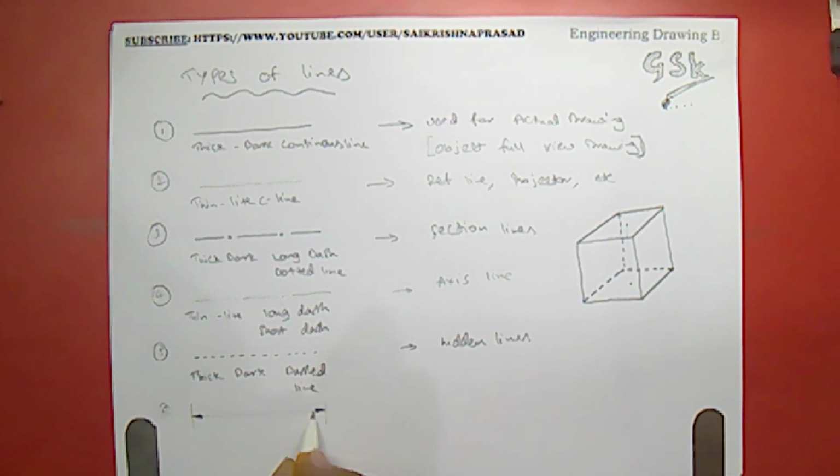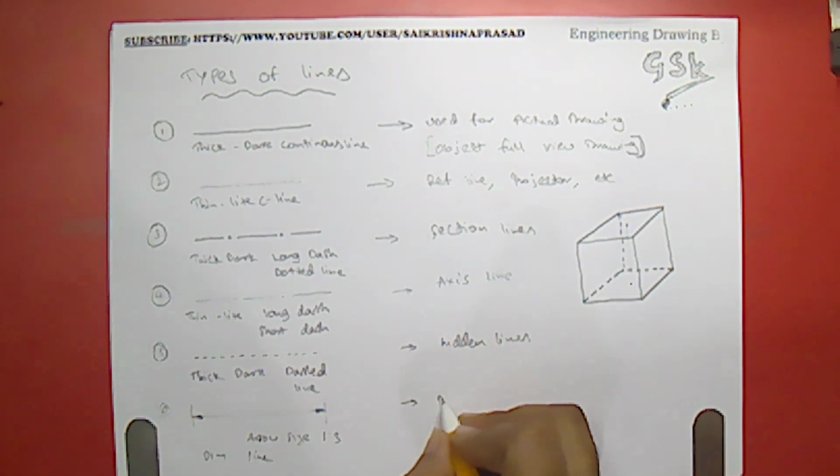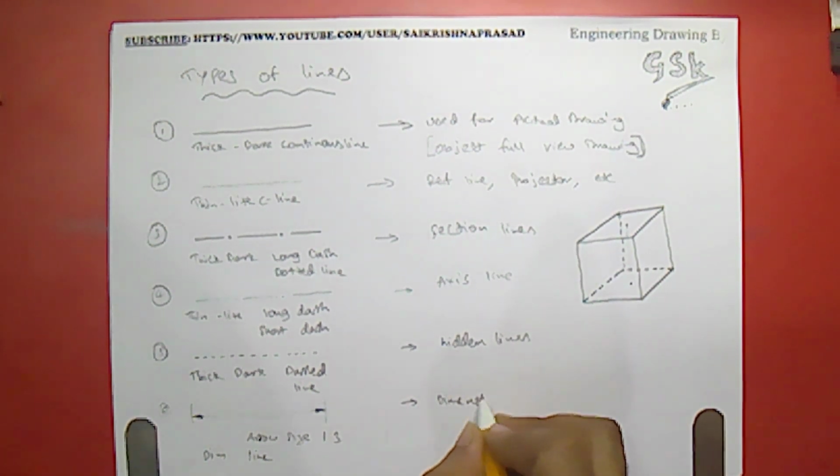Suppose this gap width is 1, and this width would be 3 mm, or else this is 2 mm and this would be 6 mm. 2 into 3, 6. 1 into 3, 3. So arrow size would be 1:3 ratio, and these are the dimension lines used for dimensioning purpose.